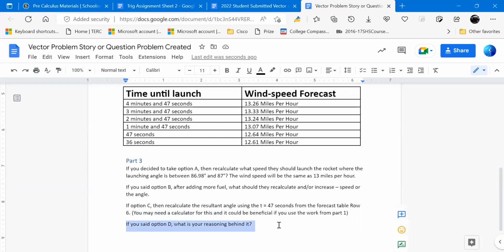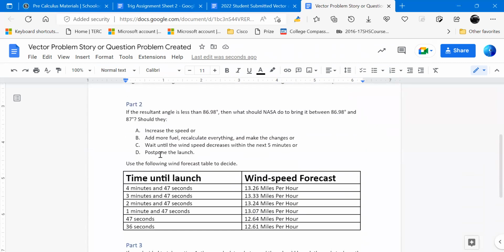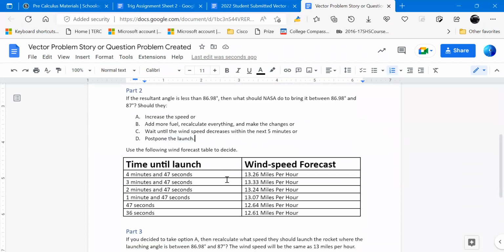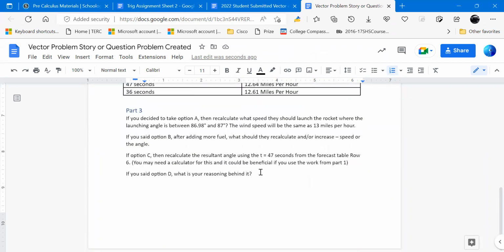And if you said option D, what is your reasoning behind it? Option D was postpone the launch. Why should you postpone the launch? And of course, you have to ask other questions, like what would it cost if you postpone the launch? What would change if you postpone the launch?